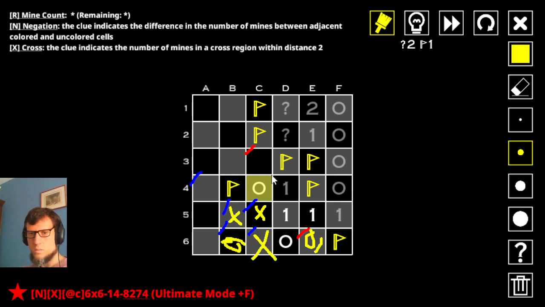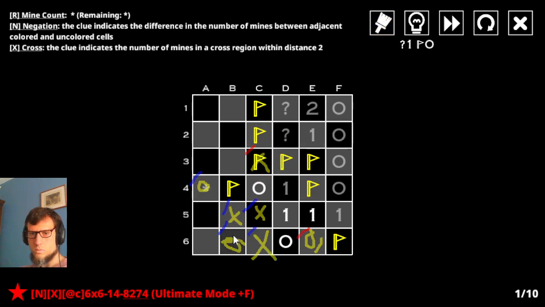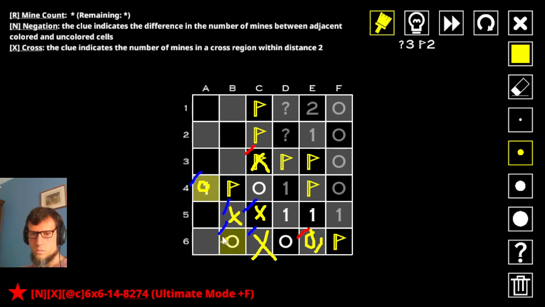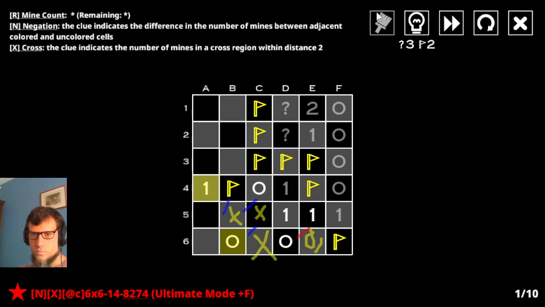Yeah. And that would force this as well. Okay. So 1, 2, 3. So if these are all mines, that's not possible. Only one of them can be, because, yeah, alright. So in particular, I know this now. Alright.